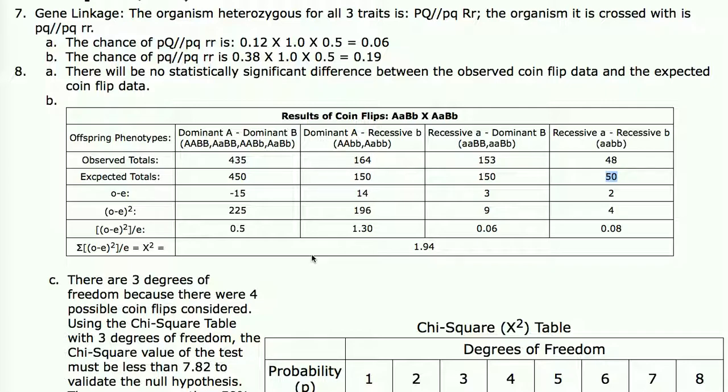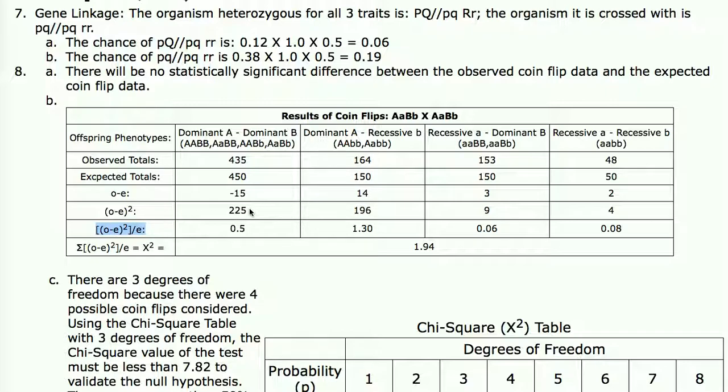Now, to do the chi-square analysis, you need to figure out the observed and the expected differences. So the difference here is 15, the difference here is 14, the difference here is 3, and the difference here is 2. Then what you do is you square those differences. So we got 225, 196, 9, and 4. Then you take this equation, you divide this by what you expected.